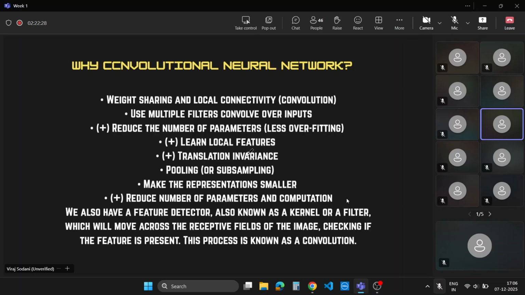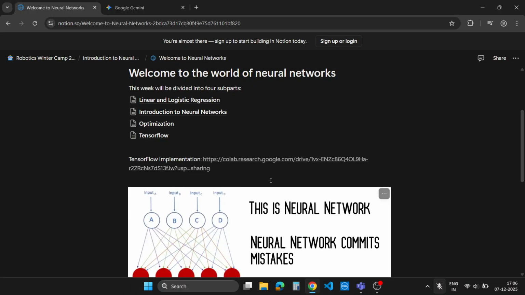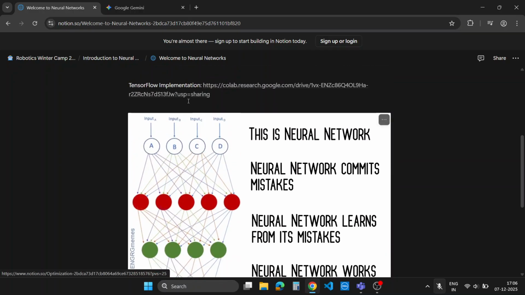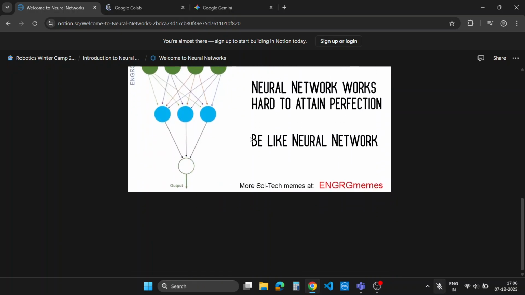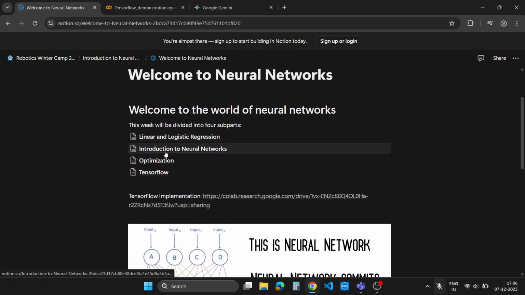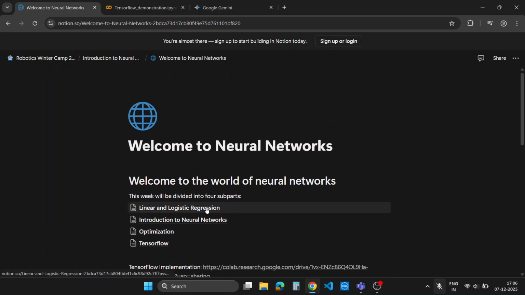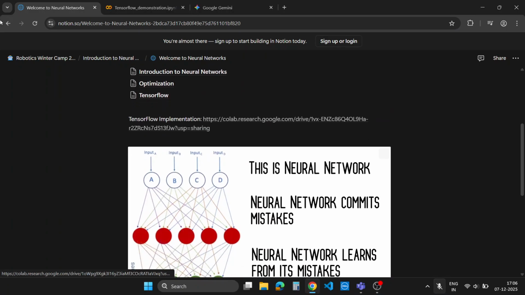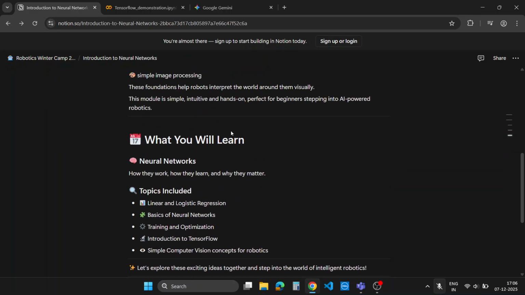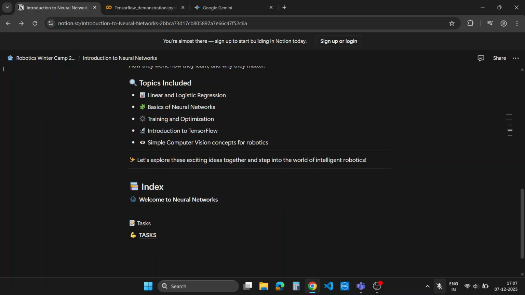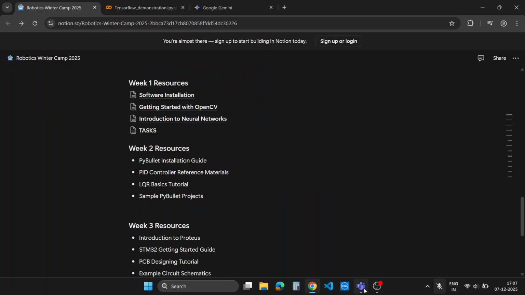So why? Okay, the same thing, like the drawbacks: weight sharing and local connectivity, convolution. I'll explain that further. Use multiple filters, convolve over inputs, and reduce the number of parameters. That is demonstrated, that you can't always deal with 3072 parameters, because this would again be multiplied if I say 10 layers of neurons, and each layer has 10 neurons.